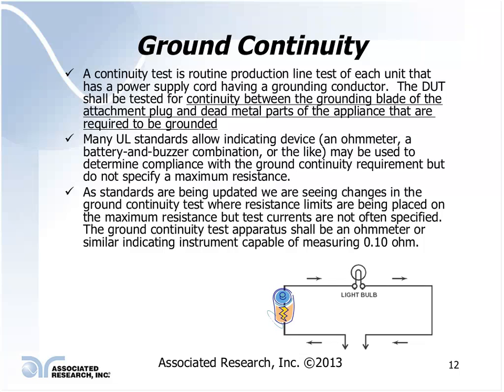Okay, so I'm reading this section right here. Many UL standards allow indicating devices, ohm meter, battery buzzer, combination or the like, to be used to determine compliance with the ground continuity requirement, but they do not specify a maximum resistance. Okay, so here is where we get into trouble on a simple continuity test.